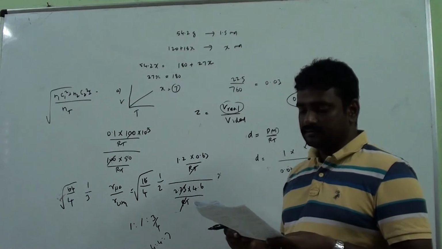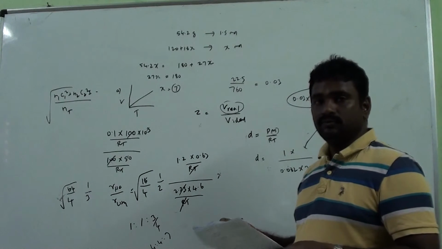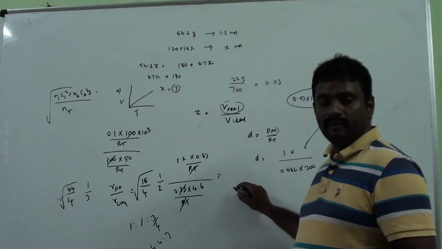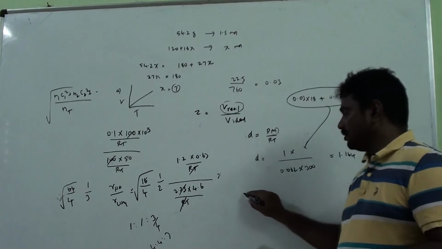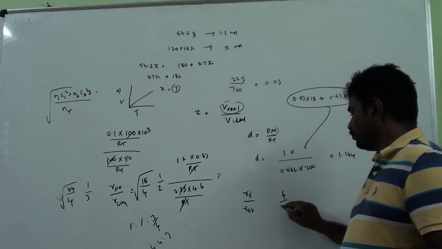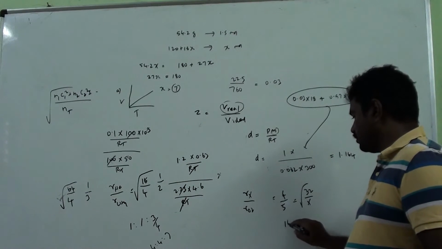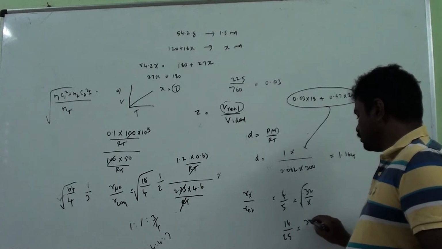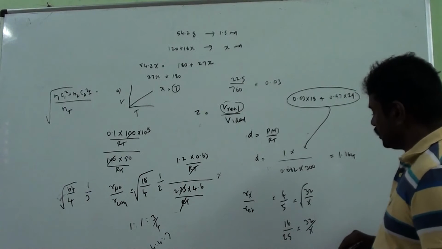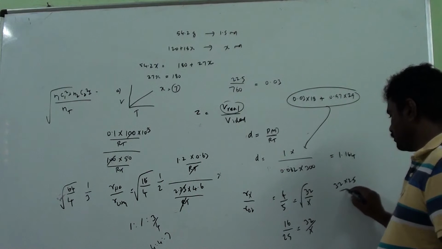Molar mass, what's coming? 4 by 5 times lower than oxygen. So Rx by RO2 is 4 by 5. 4 by 5 equals root of 32 by x. That is 16 by 25 equals 32 by x. So x is 32 into 25 divided by 16. The molar mass is 50.